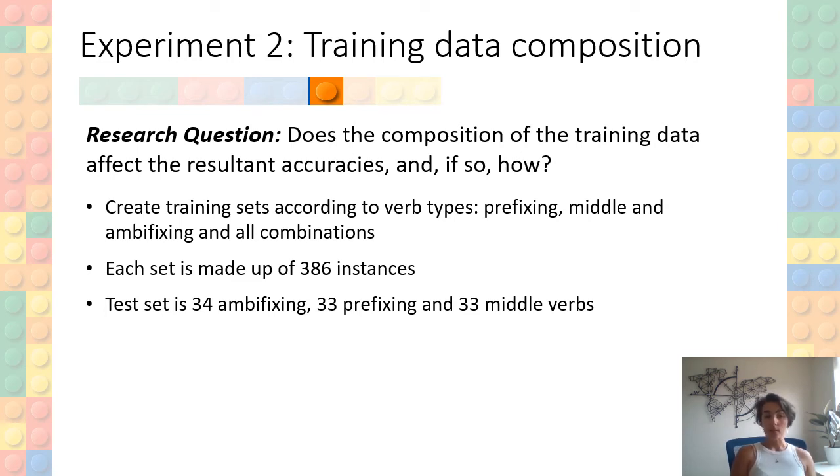Each set is made up of 386 instances, and this is just because that was the maximum amount of prefixing verbs we had available to us. So the test set is made up of 34 ambifixing, 33 prefixing, and 33 middle verbs.